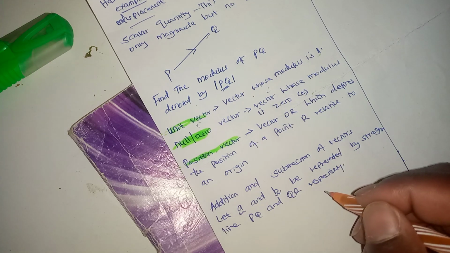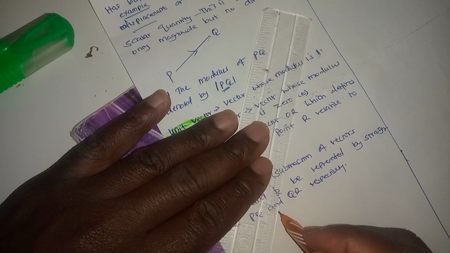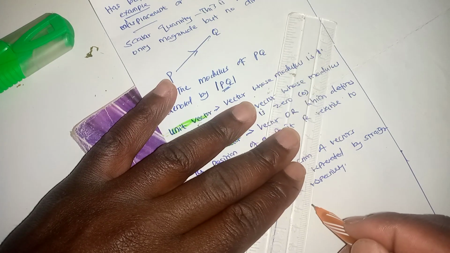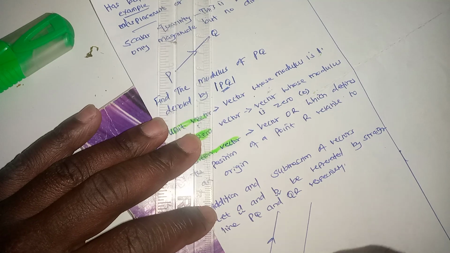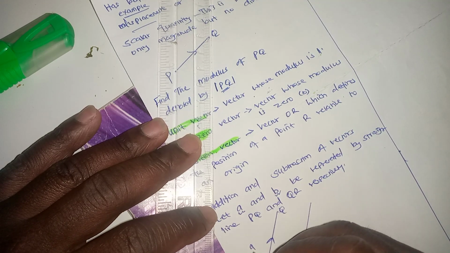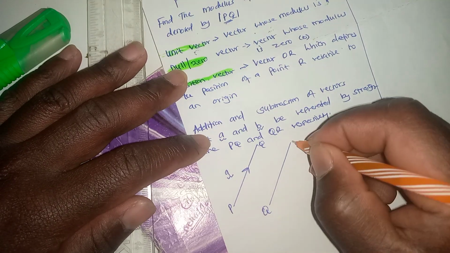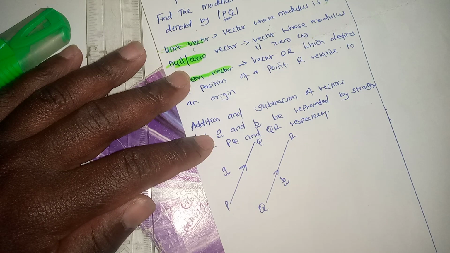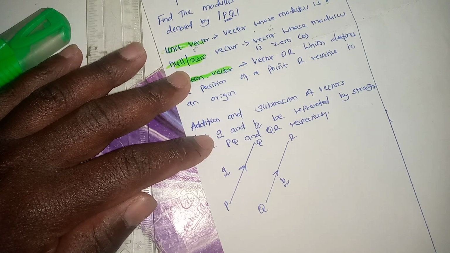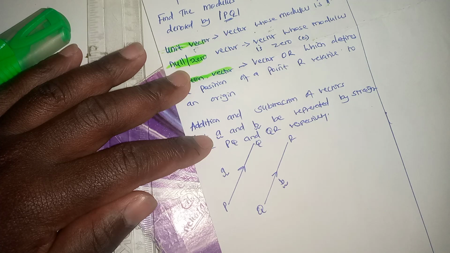Now we can first draw these two vectors, the first line and the second line. This is PQ, that means this is vector A, and this is QR, this is vector B. Then the directed line PR represents the sum of A and B.